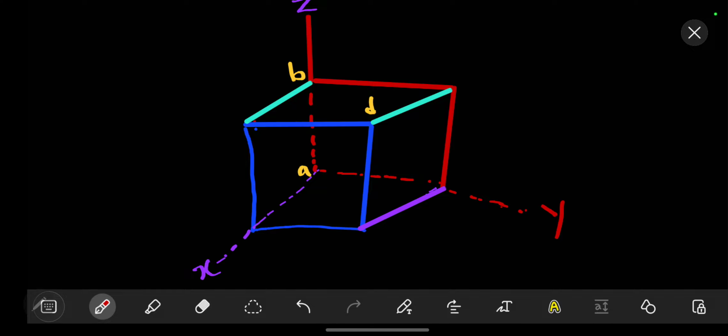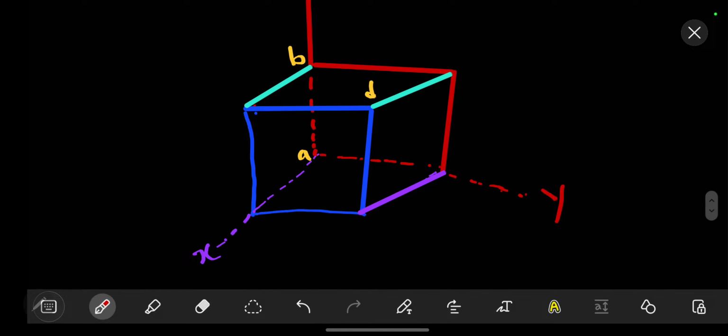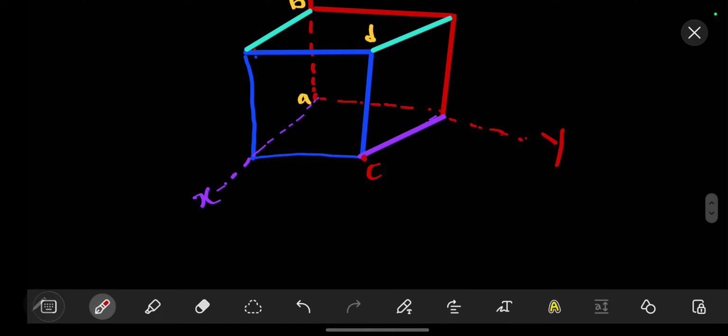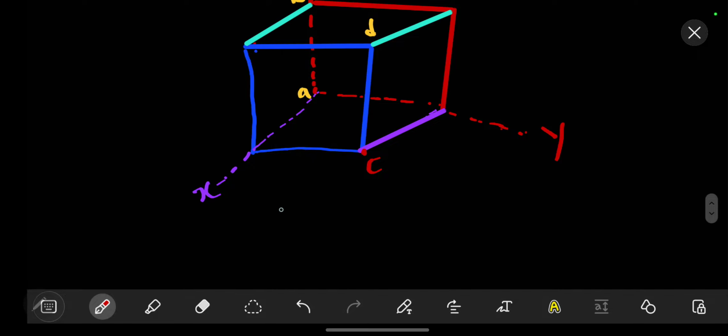Now, let's say you have your C here. So let's say this point is C. Let's say you're required to move along AC. AC, if you are to draw it, would look like this. Now here, just think of it as there is space.